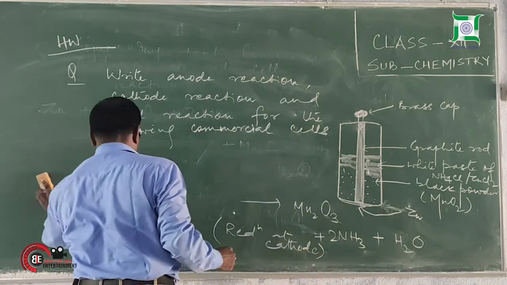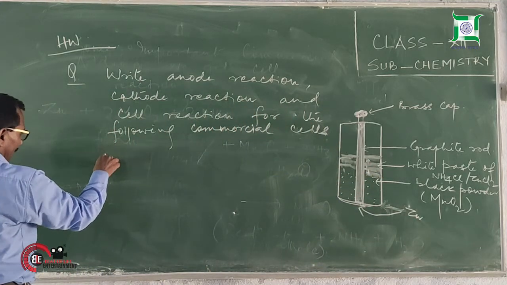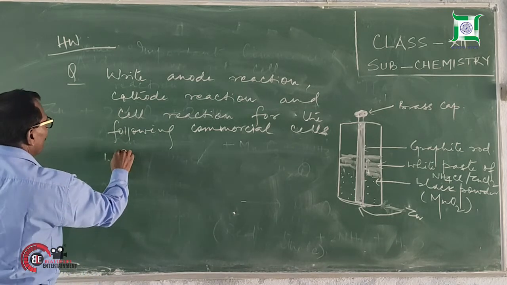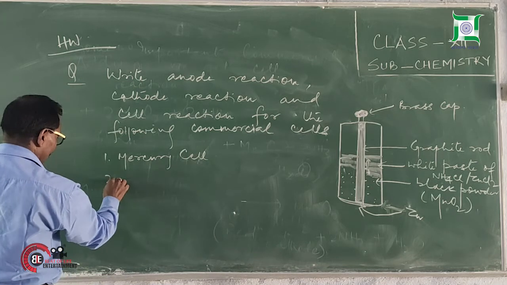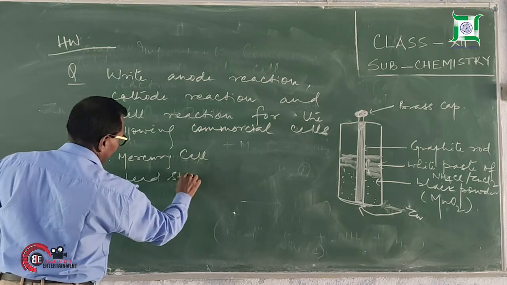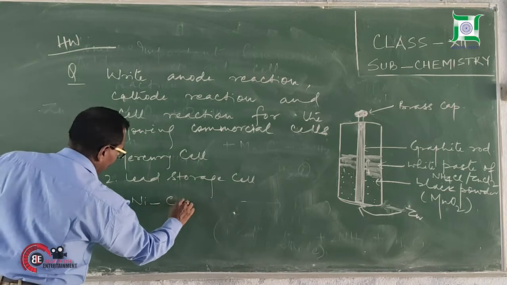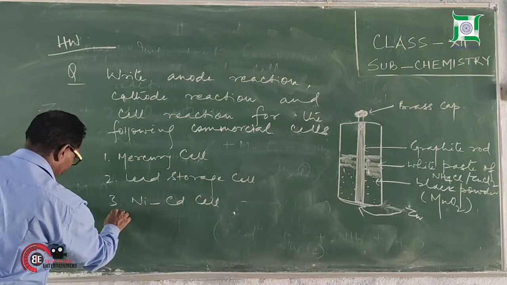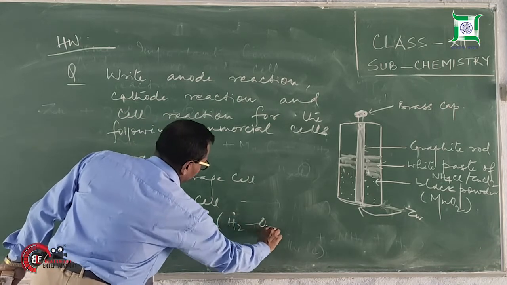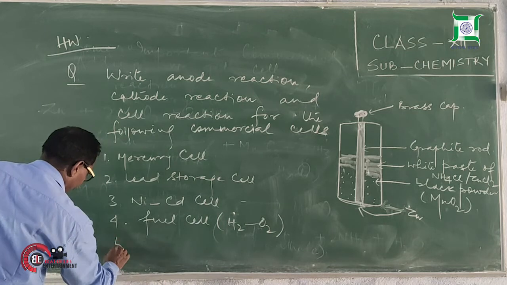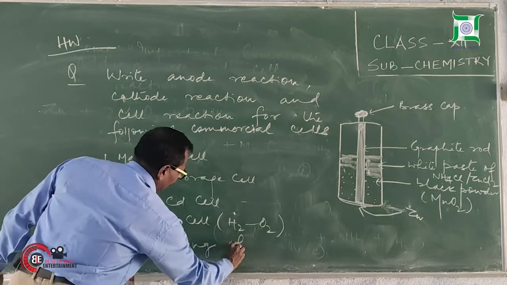And the cells are: one I have already done for you, and for you now, number 1 is mercury cell, number 2 is lead storage cell, number 3 is nickel cadmium cell, number 4 is fuel cell, that is hydrogen oxygen cell, number 5 is corrosion cell, that is in the form of rusting of iron.